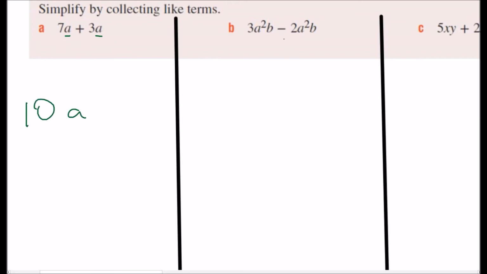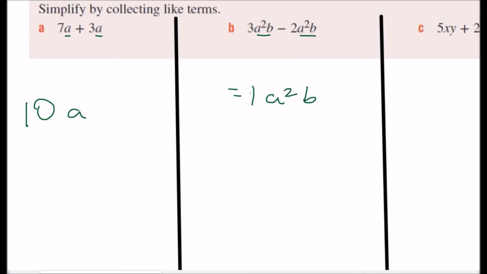Easy. 3a squared b minus 2a squared b. They're in exactly the same position already, and all the variables have the same indices, so I can assume they're like terms. So 3 minus 2 will equal 1a squared b.